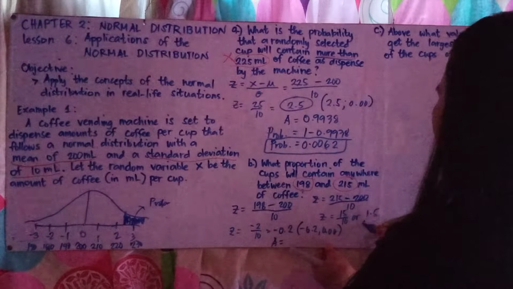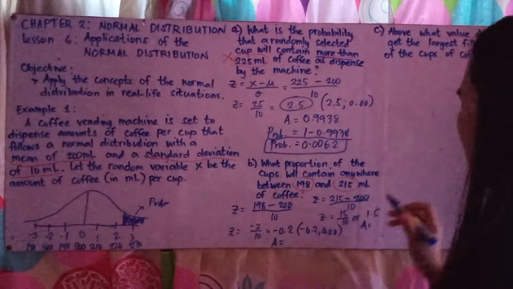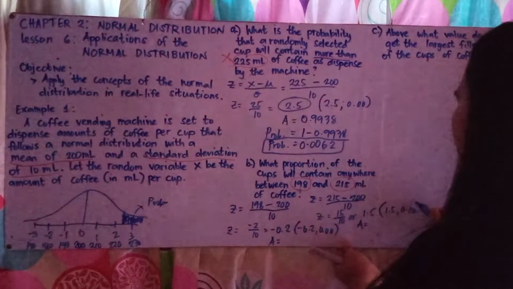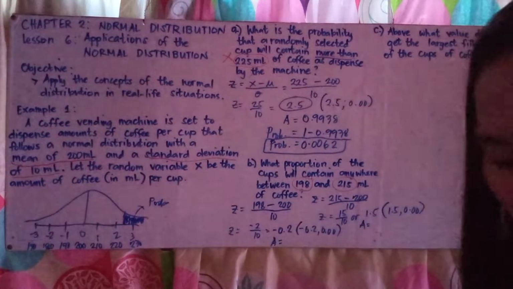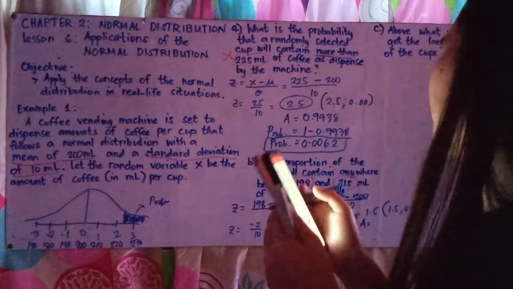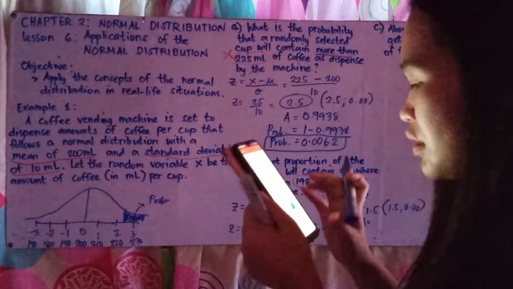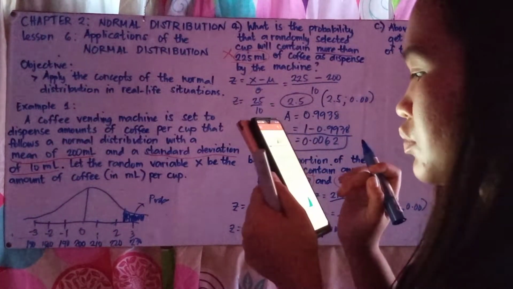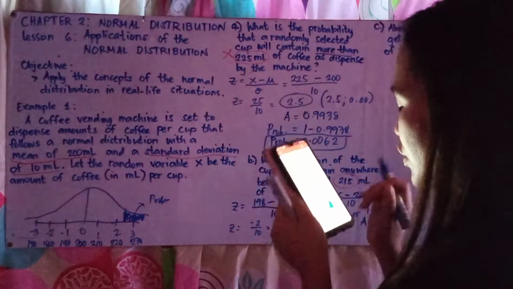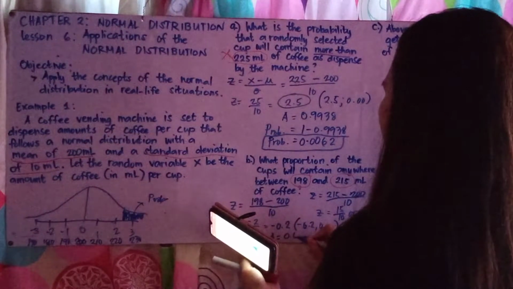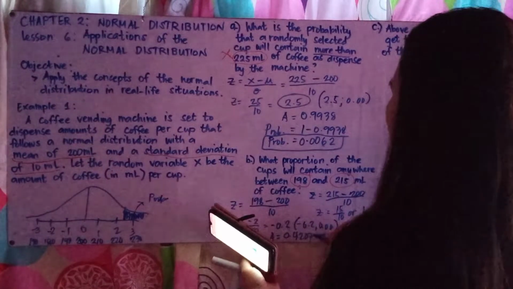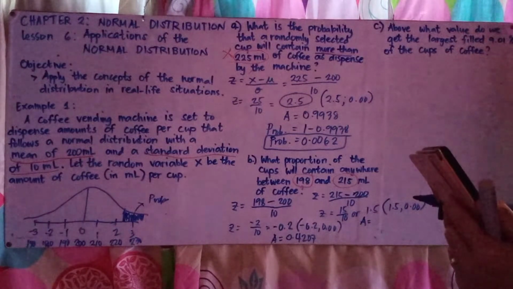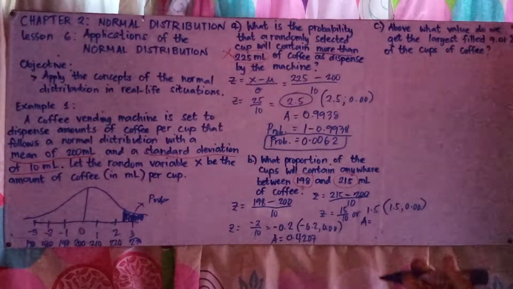Now the area for 1.5 falls at row 1.5, column 0.00. Using the table again, for negative 0.2 the area is 0.4207. For positive 1.5, the area is 0.9332.